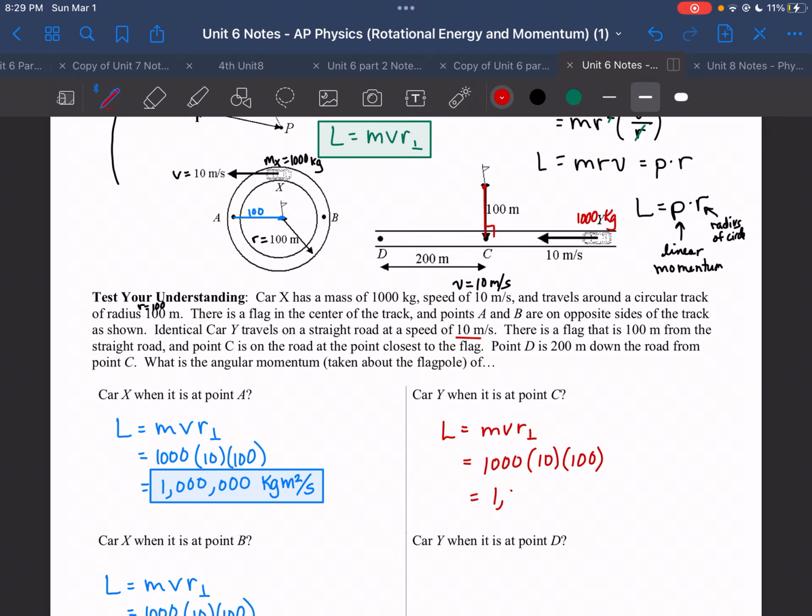So we get the same answer. Don't forget those units. Now, unless there is a torque that is going to change it, we have this conservation of momentum. We have the same momentum before and after. So what we should see at point D is exactly the same momentum. Try this now.